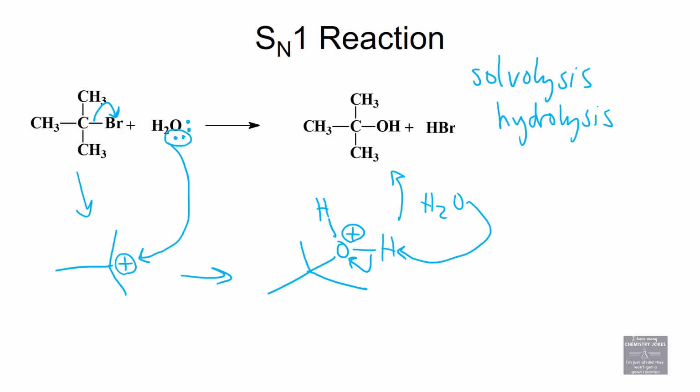We said this stands for substitution. Unimolecular means there's one thing involved in the rate law, one thing in the rate determining step. So this reaction is 1, 2, 3 steps. Which of these steps is the rate determining step? Obviously, it's the first one, because the rate determining step is the step that forms the carbocation.